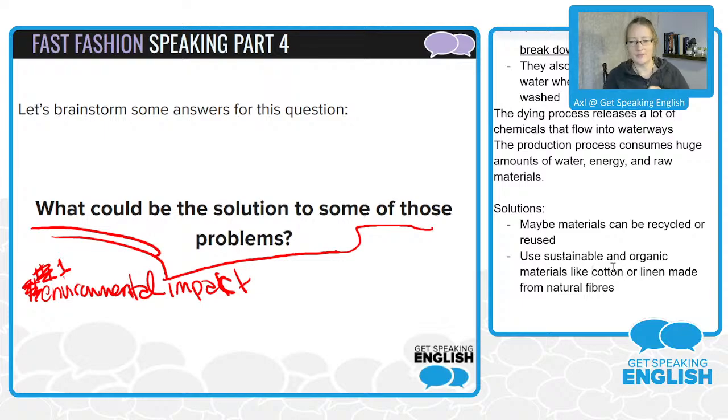Any other ideas, maybe some solutions to these environmental problems? Maybe some types of regulation. Yes, okay. To crack down on them and make them concerned about this topic.